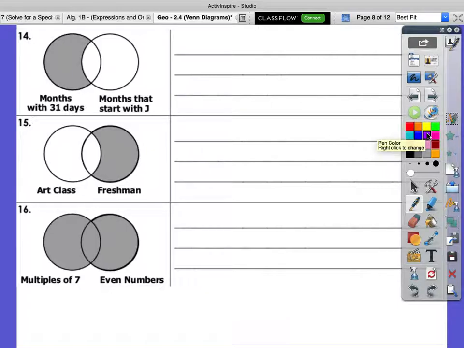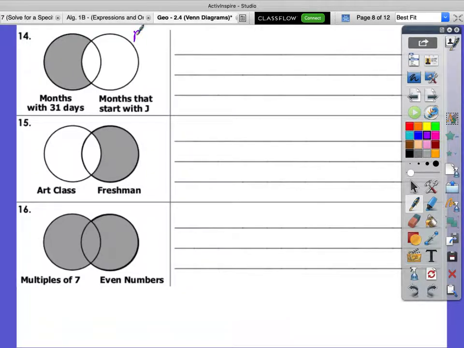Months with 31 days, and months that start with J. Well, it's not necessarily what it says, because there is some overlap in general. How do we say we just want that shading? Only ones with 31 days that don't start with J. Months with 31 days that don't start with J. Remember we had that 'not'.